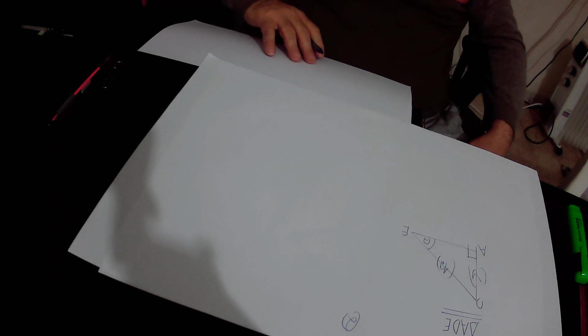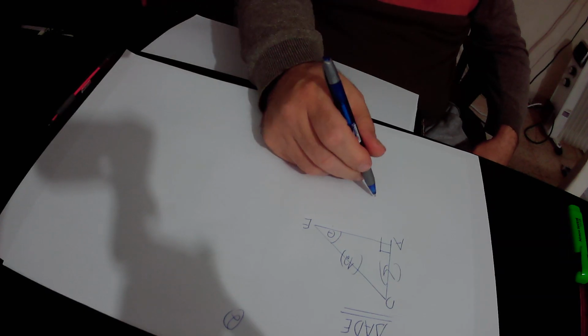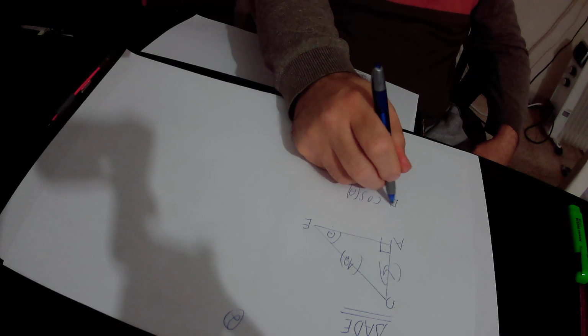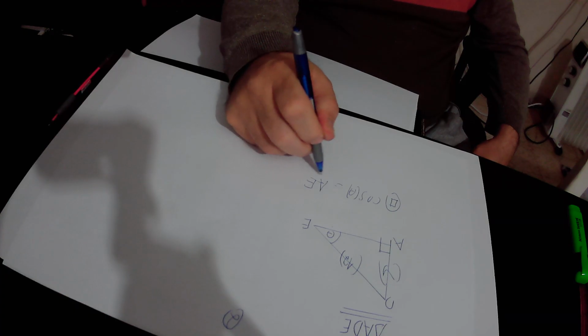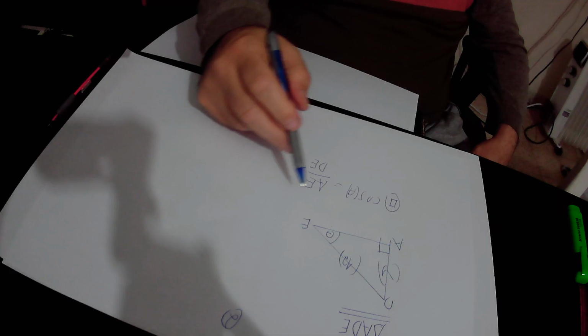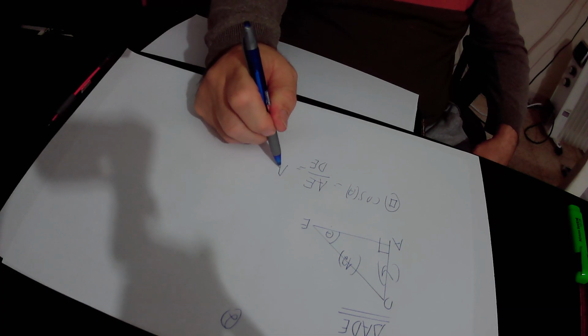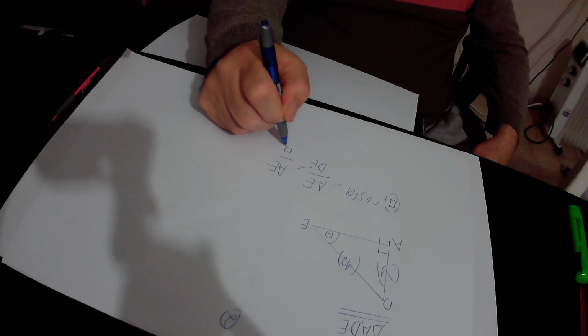Okay, this is the right triangle ADE according to the original drawing. In this right triangle ADE, cosine theta is equal to AE over DE. So cosine theta equals AE, that is the missing side, over DE, that is 12.